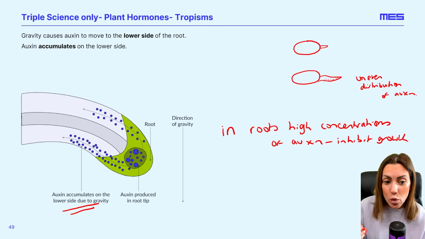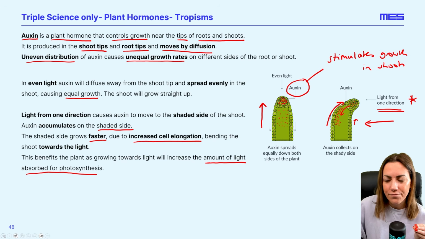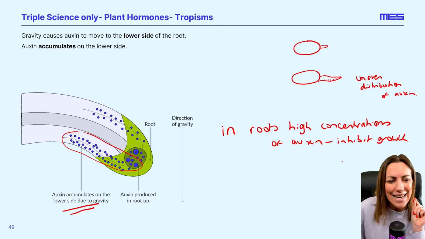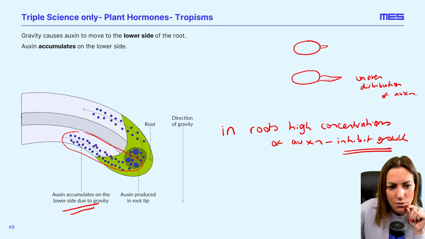So in shoots, where you have a high concentration of auxin, like on the shaded side of a shoot, it stimulates growth. But in roots, where you have a high concentration of auxin, which would be the lower side of the root, it inhibits growth.